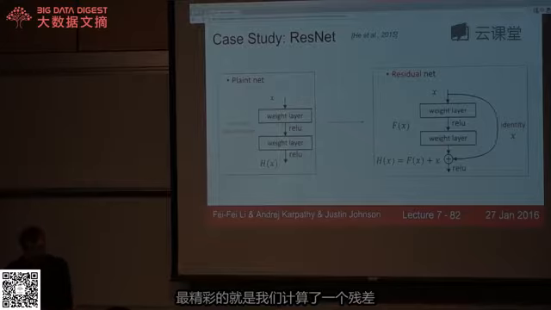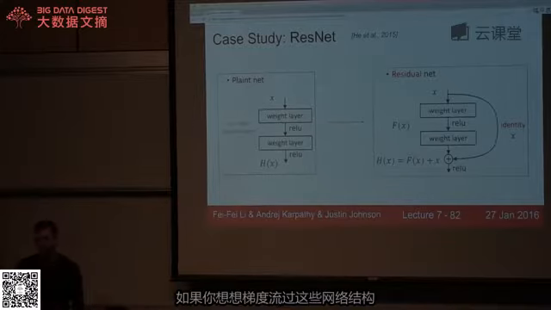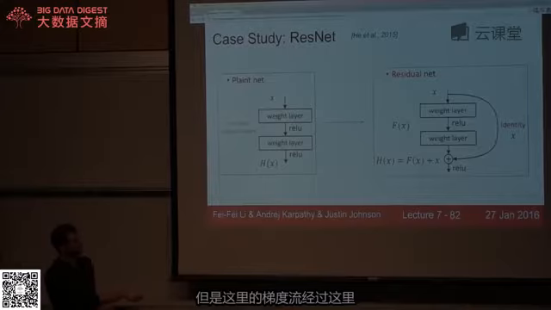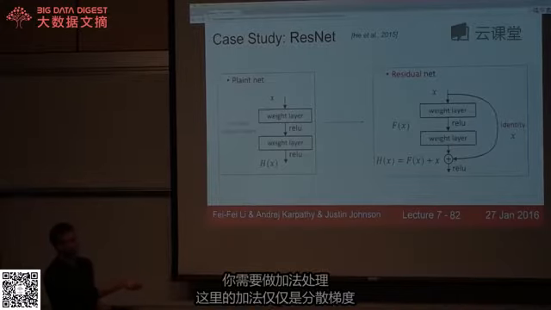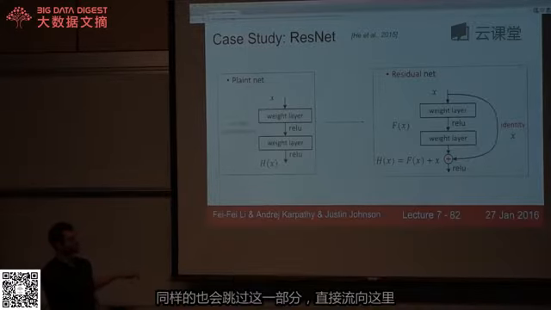And what's nice about this is you're computing just these deltas to these x's. One way to look at why this might be nice is if you think about the gradient flow backwards through these layers. In here, the gradient has to go through all these weights and backprop through them. But in here, the gradient flows in through here. And since you're doing addition, remember addition just distributes the gradient equally to all of its children. So part of the gradient will flow through this part, but it will also just skip over that part and flow here.